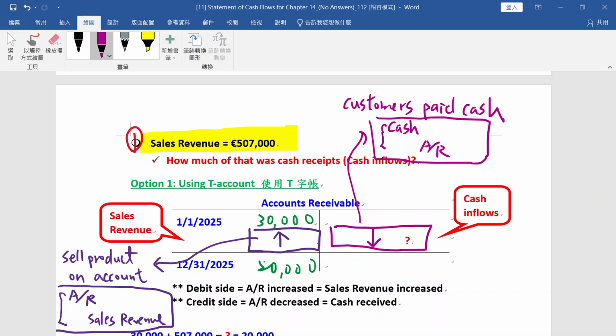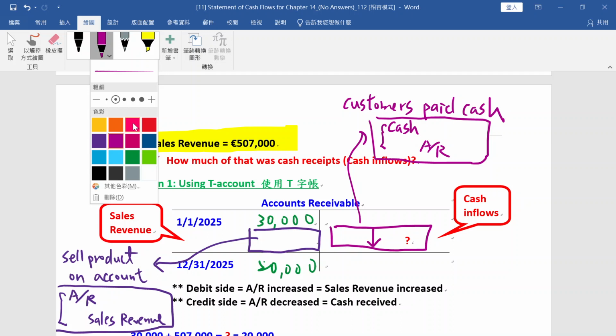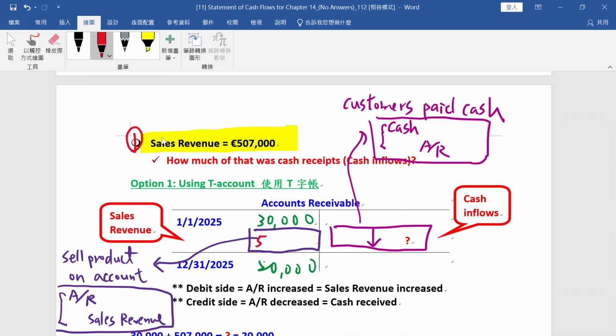Sales revenue, right? Sales revenue, we assume you sell the product on the account. So sales revenue increase, accounts receivable increase. So how much for this number? Sales revenue, $507,000. So I know this number is my sales revenue. How much? $507,000.